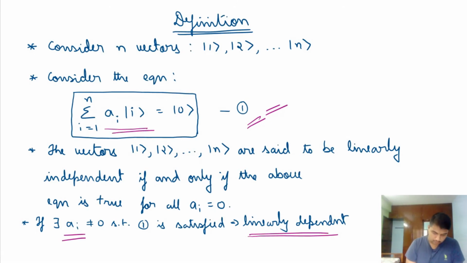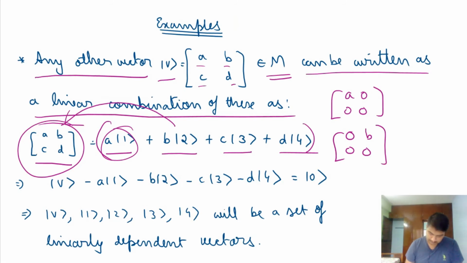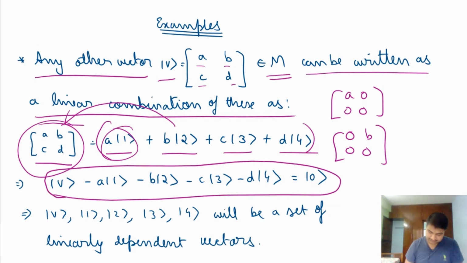So now if we go back to our example, we see that this equation is exactly identical to equation 1 in the definition, and we see that these have non-zero coefficients such that they sum up to the null vector, and therefore these 5 vectors become linearly dependent vectors.